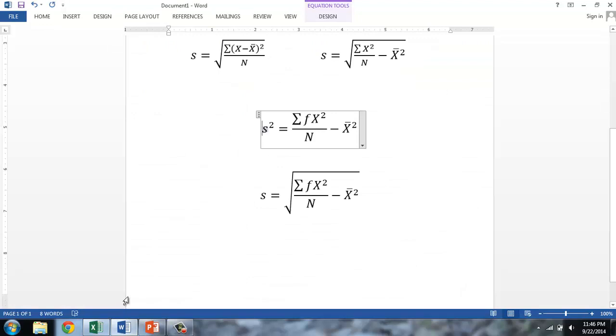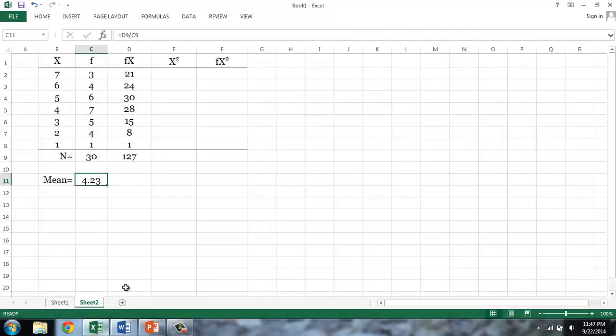You may think the next step is to square that product. I have an f times x column, so I should just square it. That is not correct. According to the order of operations, exponents come before multiplication. What this formula is telling us to do is to square the x's and then multiply by f.